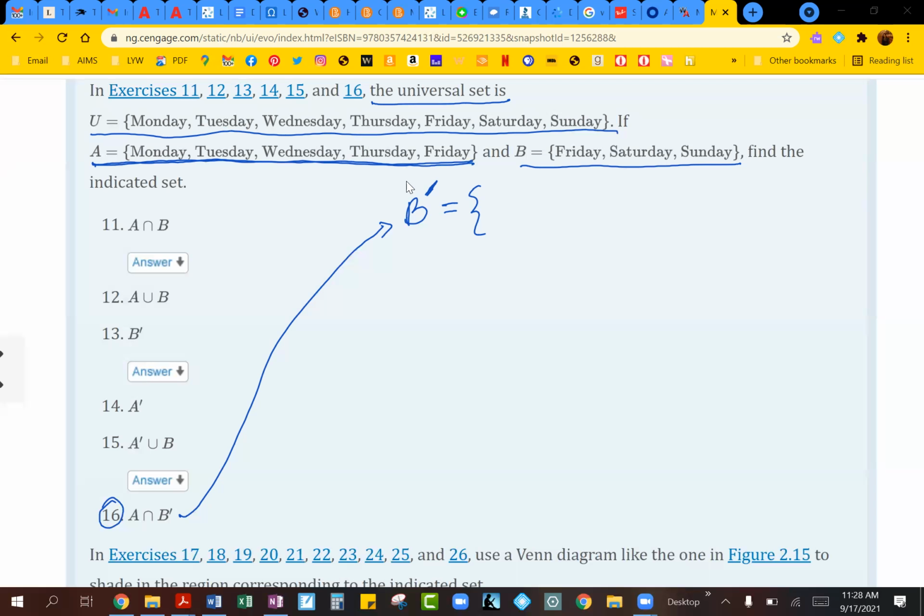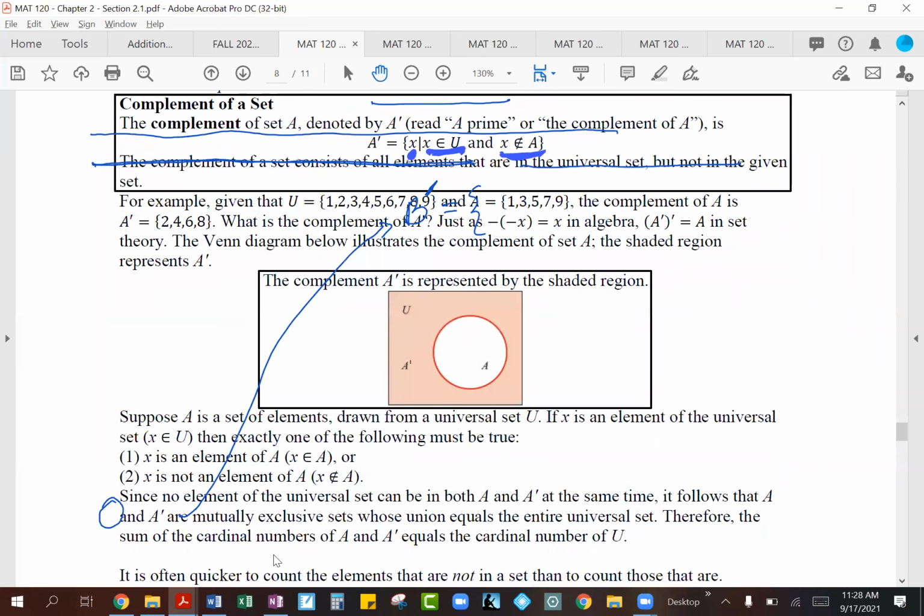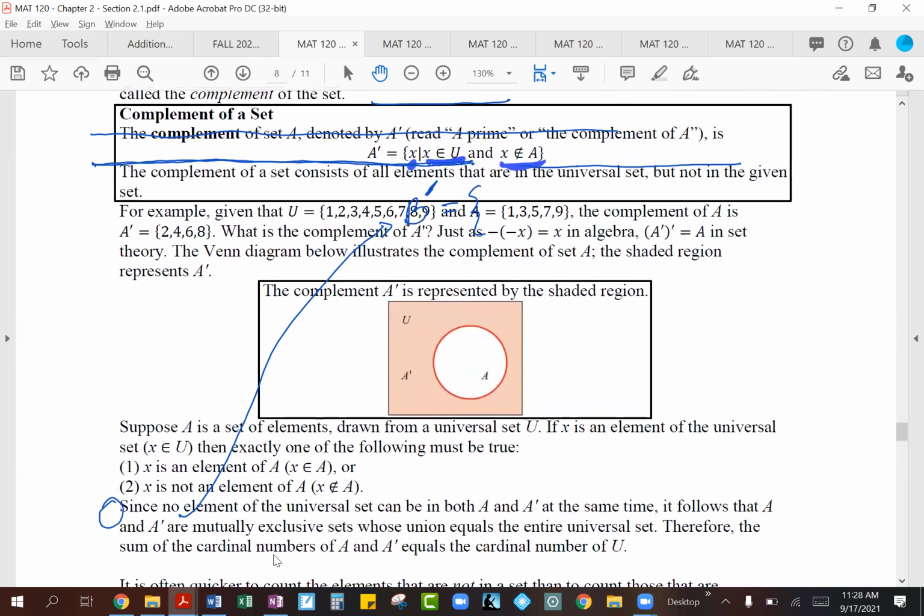So remember again, when you are talking about B prime, or the complement of a set, you can look at the Venn diagram.